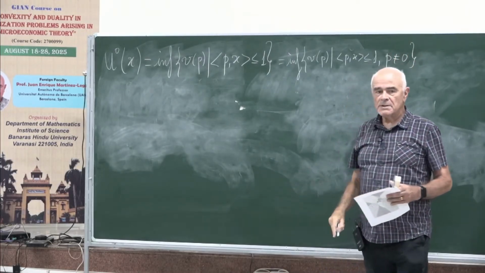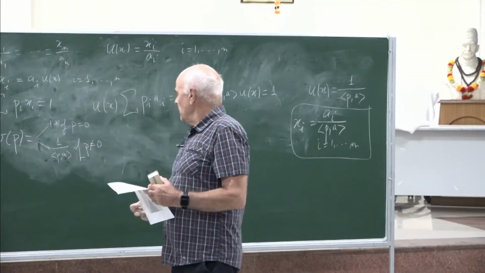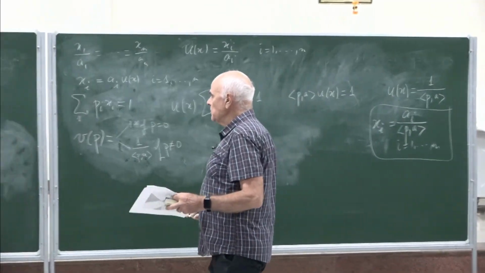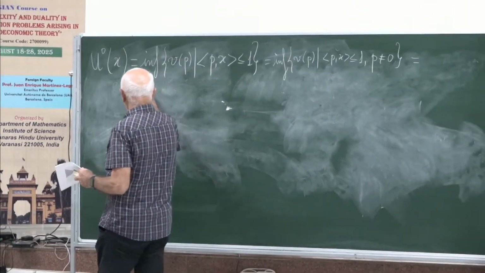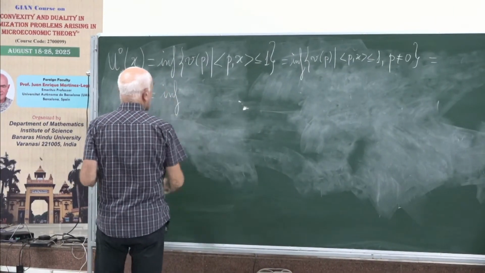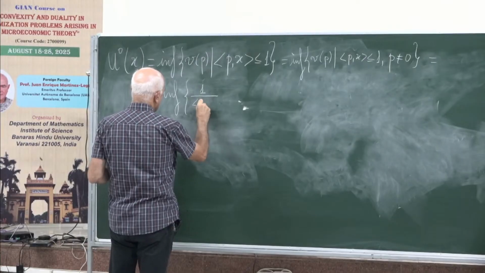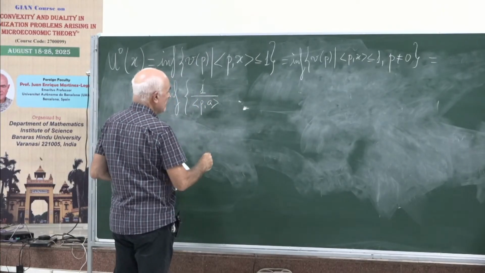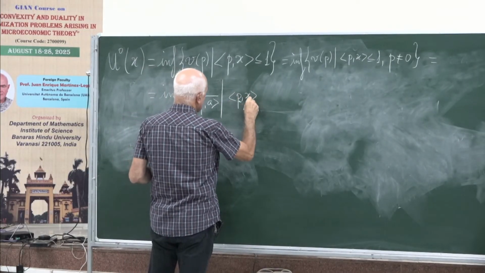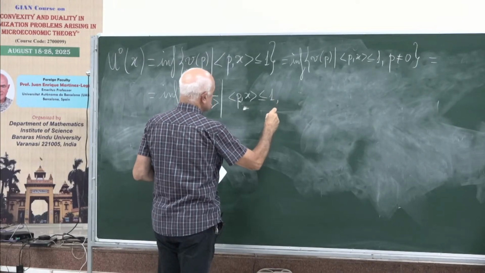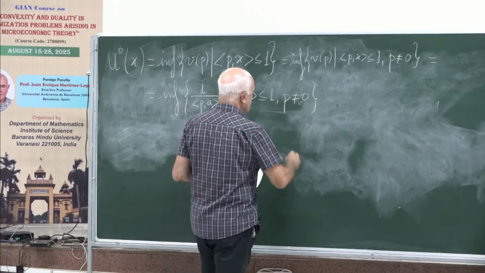And imposing these extra constraints allows me to use the expression we just found for the indirect utility function. So this is the infimum of 1 over pa subject to px less than or equal to 1, p different from 0.